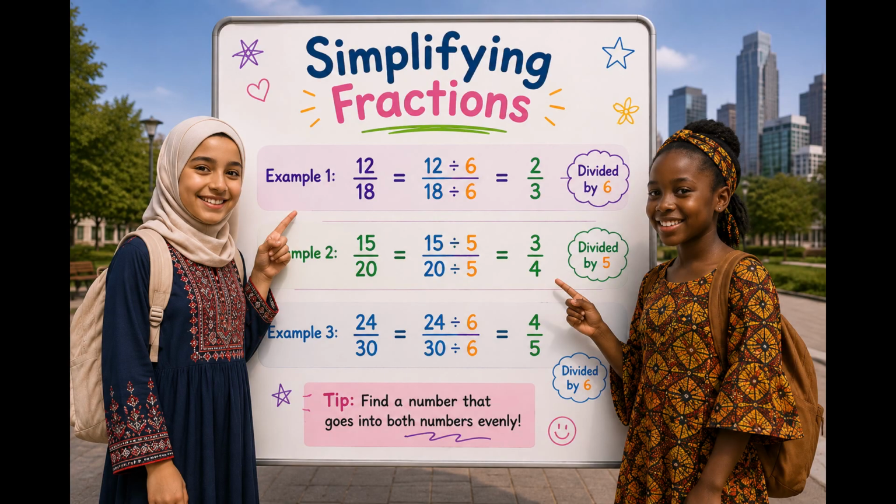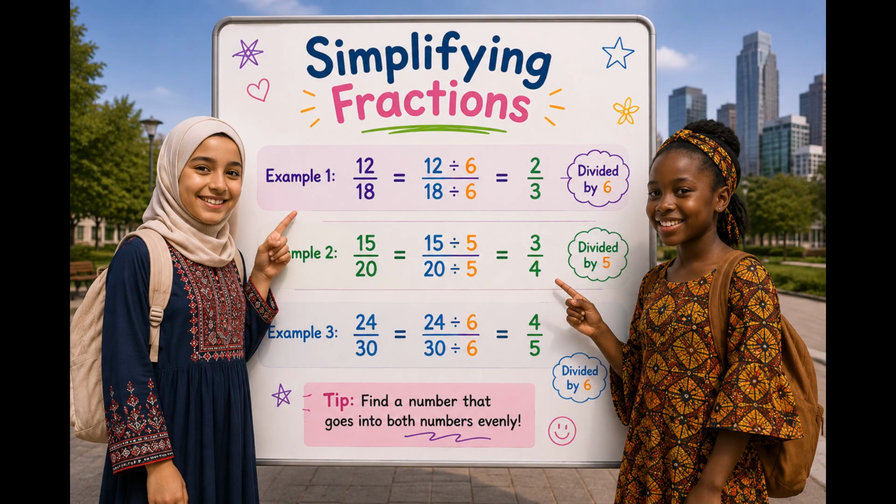So 12 divided by 6 will give us 2, because 6 times 2 is 12. And 18 divided by 6 will give us 3, because 6 times 3 is 18. The factors were 6 times 2 and 6 times 3, but the greatest common factor of all the factors that could be used was 6 for both.